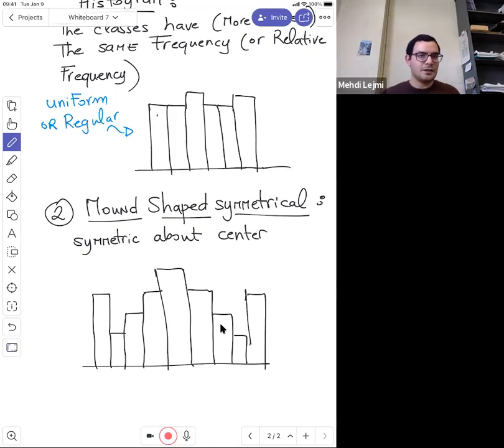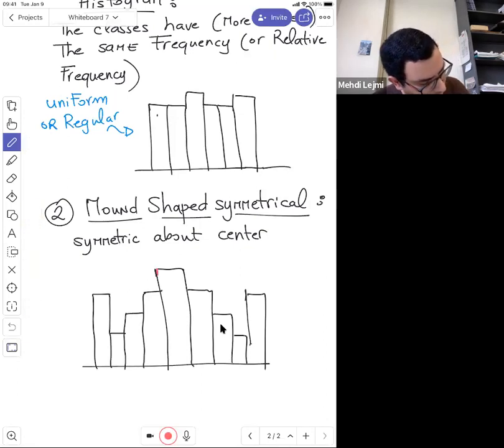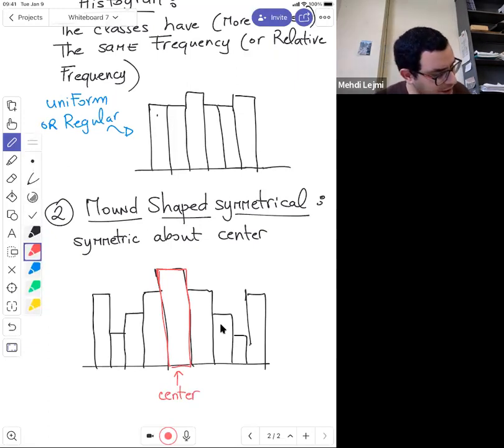So as you can see, this is the center of your histogram, and the histogram is symmetric about this center.